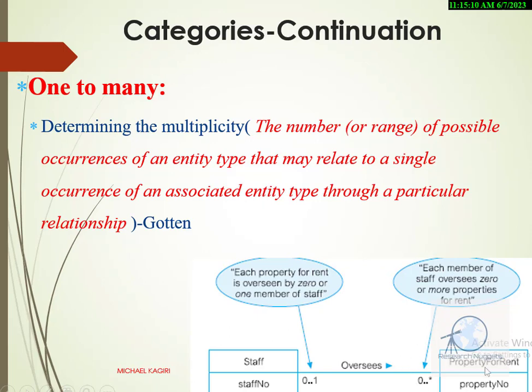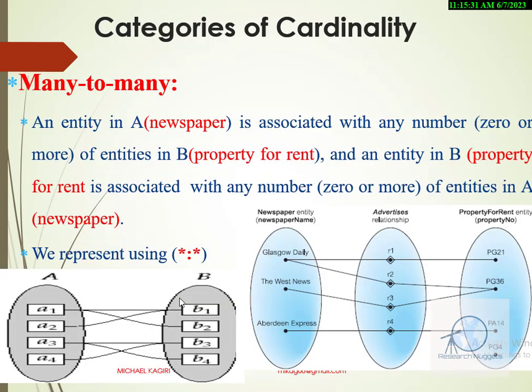And then, moving to the property for rent side, we can say that property for rent is overseen by either 0, you could have a property for rent that doesn't have any staff overseeing it, or by one member of staff. That's how you read and populate it.